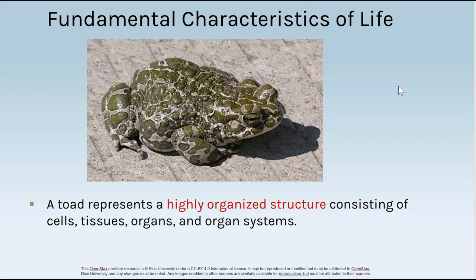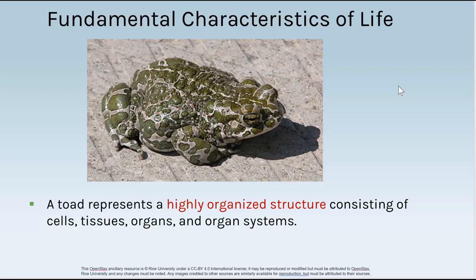And in every organism, you can scale out to the next level. Like molecules will eventually make a cell. Many cells will make a tissue. Many tissues make an organ. So every living organism has a highly organized structure.